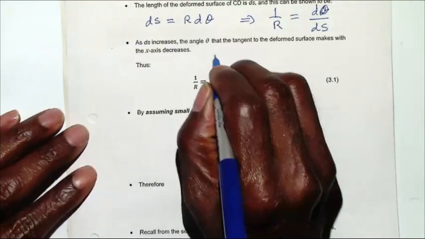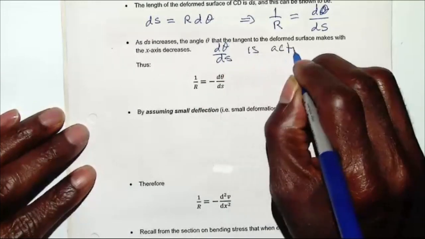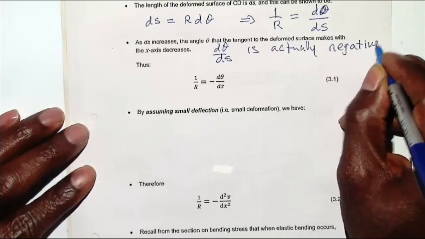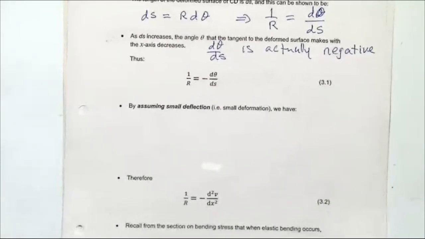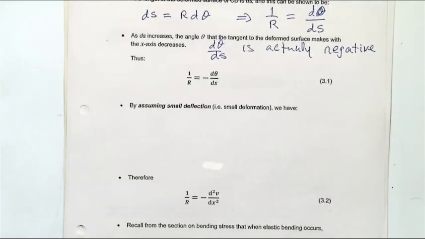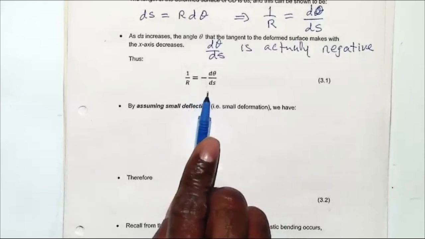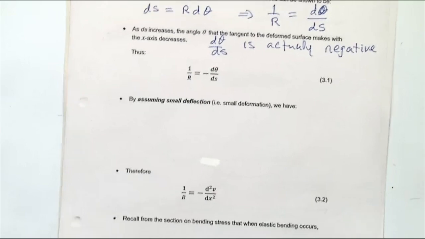What that means is that d theta over ds is actually negative, because as you are increasing one, the other one is going down. But because the radius of curvature is always a positive number, you cannot have a negative radius. In order to make sure that this expression remains a positive number, we must have a negative sign there, and that's why we've got that. So that's the first one.